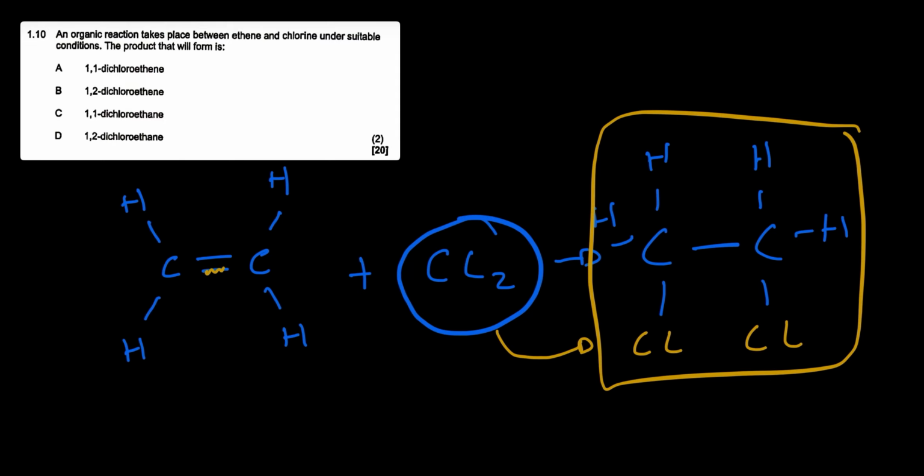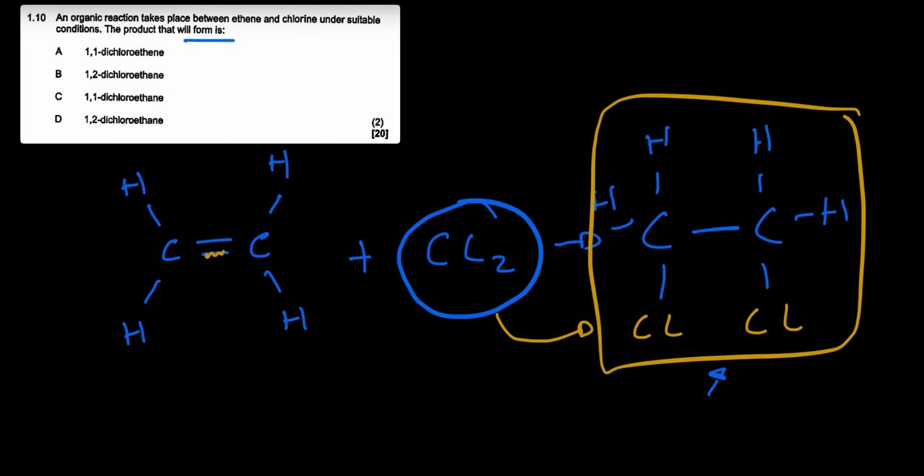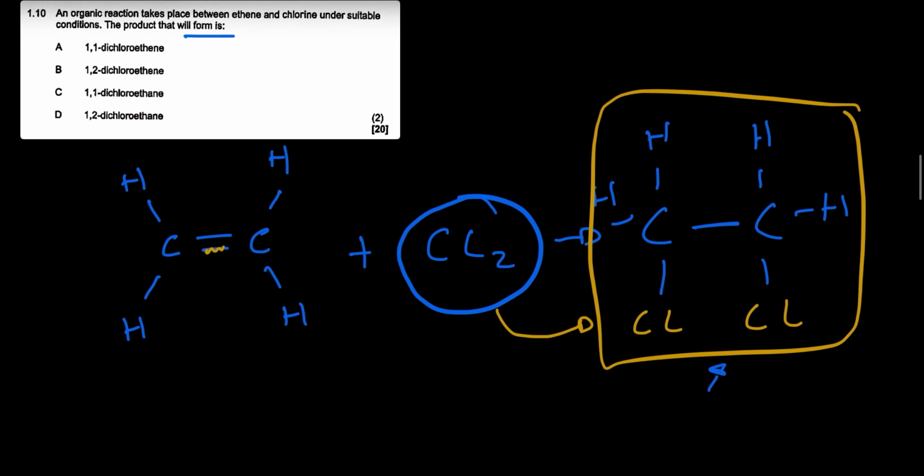So now they say we should pick the name that best describes this product. So from this product, we can clearly see we have a haloalkane. But on the first and on the second carbon, we have the chlorine.